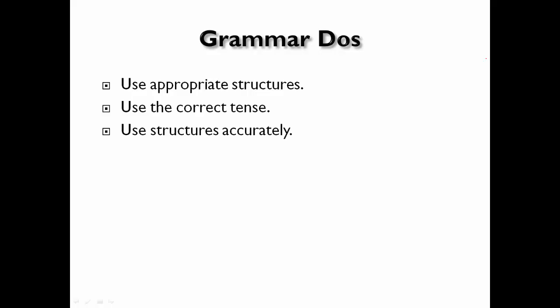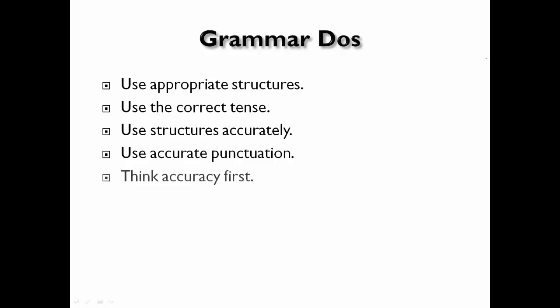Use the structures accurately, of course, and use accurate punctuation. So know when to use full stops, know when to use commas. Commas are probably the biggest mistake that students make. Again, this is a balancing act between range and accuracy. For grammar, don't worry about using a wide range of structures because you will do it anyway. If you look at the dates and you use the correct tenses and you describe the data appropriately, you will use different structures anyway.